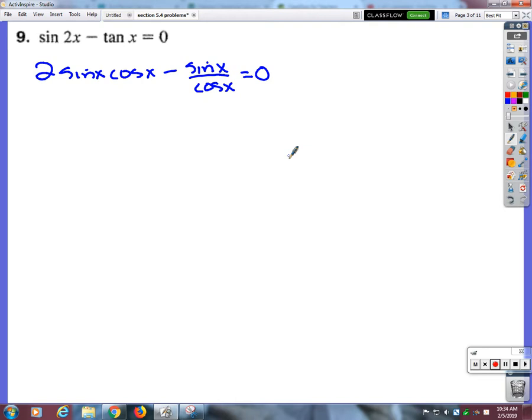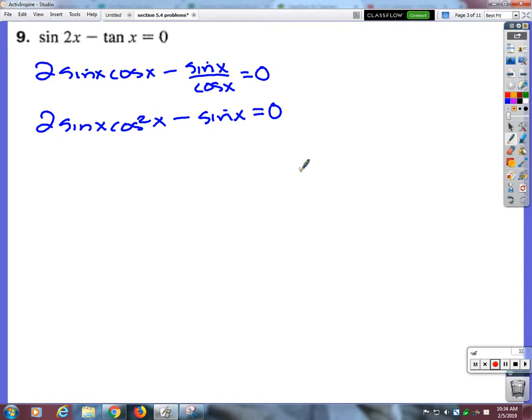Okay, so I'm going to get a common denominator, I guess? Or should I just multiply everything by cosine to get rid of that cosine on the bottom? Yes? Okay. So if I multiply this term by cosine, I get 2 sine x cosine squared of x. If I multiply this by cosine, the cosine cancels and I have 0.